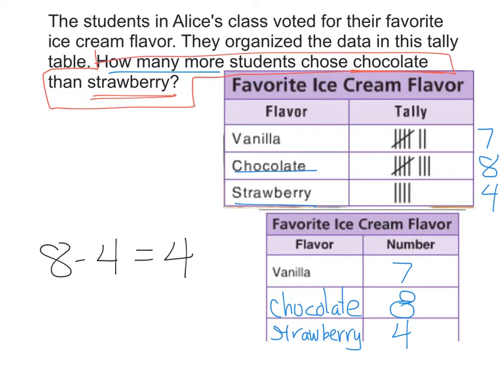So how many more students chose chocolate than strawberry? 4 more students chose chocolate than strawberry. Now think, does that answer make sense? Is it reasonable? Yes, because 4 more than 4 strawberry is equal to 8.